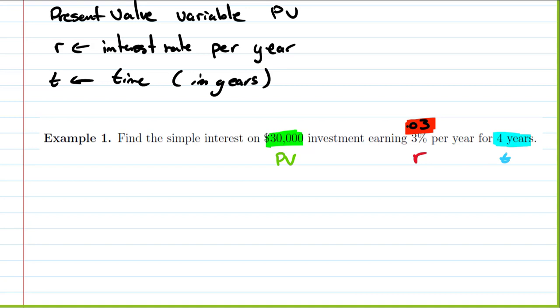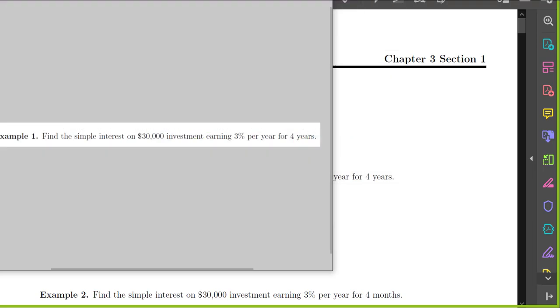So then using our formula, we have that our interest is going to be equal to our present value of $30,000 times our interest rate, which is 0.03, times our time, which is 4 years. And of course, I don't have my calculator.